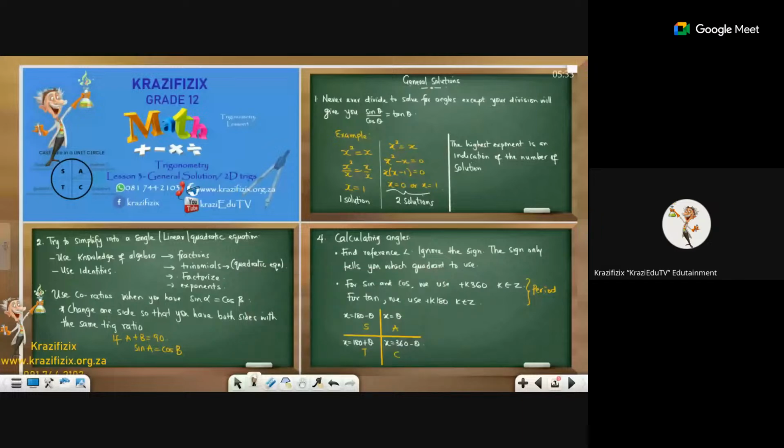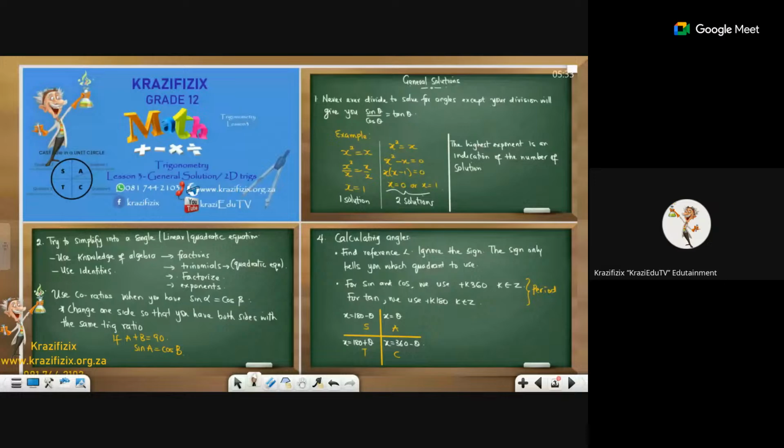And to simplify, use your trinomials, factorize, laws of exponents, identities, co-ratios, everything that helps you to simplify. Very, very important.